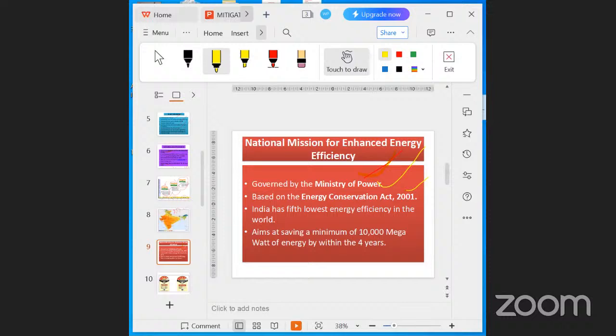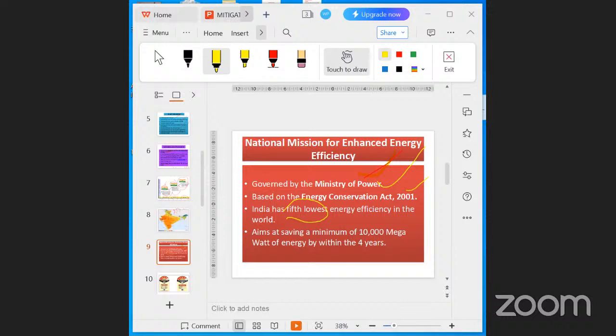So India has the fifth lowest energy efficiency in the world. Remember this word, right? Fifth, okay? Further, the GDP to energy consumption ratio is also poor. So the mission thus plans sustainable economic growth along with a reduction in energy and carbon intensity of the economy.